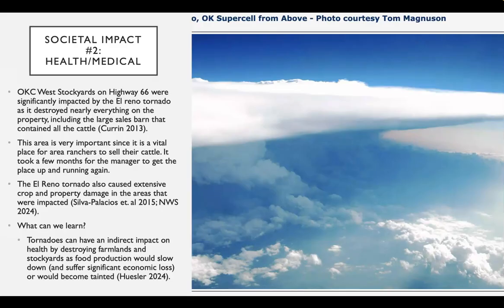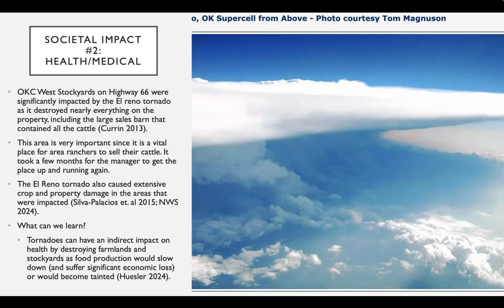And that's not good because this is a very important area for ranchers to sell their cattle, and we need them to sell their cattle because cattle provides beef and dairy for our food supply. So tornadoes can indirectly impact us by messing with our food supply by destroying farms and stockyards. The El Reno tornado also caused extensive crop and property damage in the areas that were impacted.